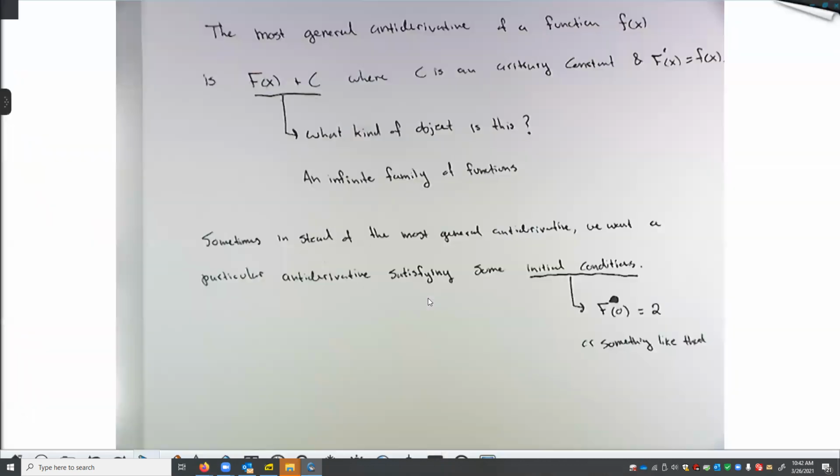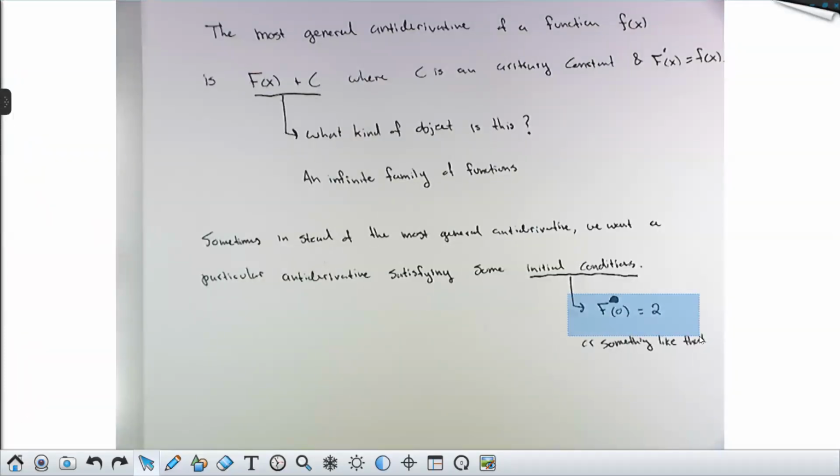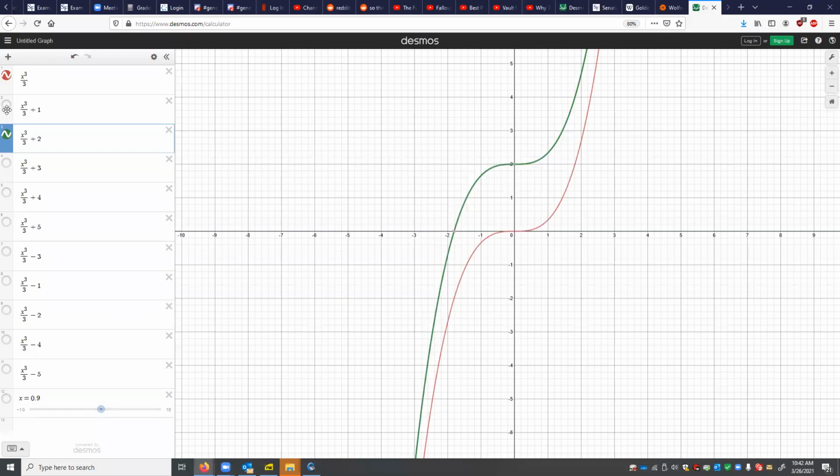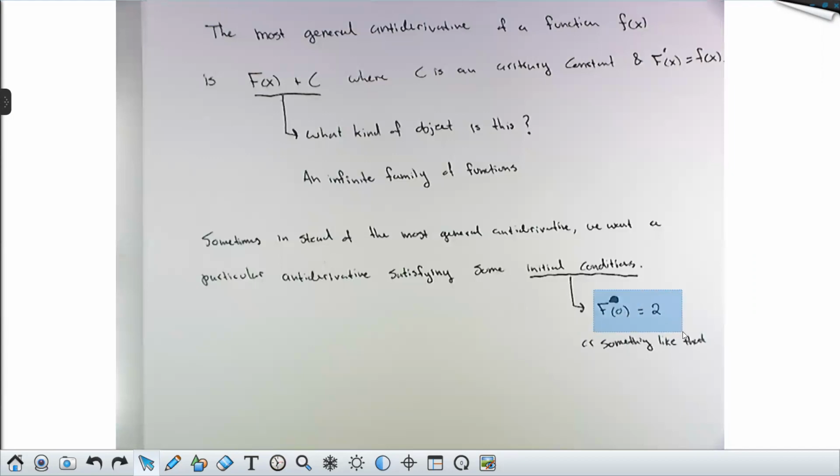So what these initial conditions do is allow us to pick from this whole infinite family a particular one that is equal to 2 when x is 0. It doesn't have to be F of 0 is 2; it could be anything. But I give you some particular set of initial conditions, and that will allow you to solve for the constant c.